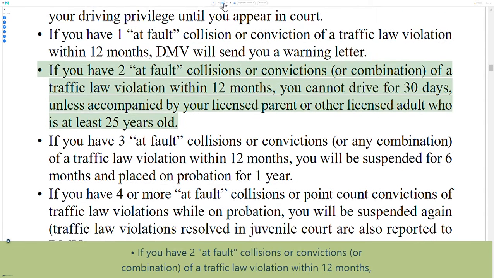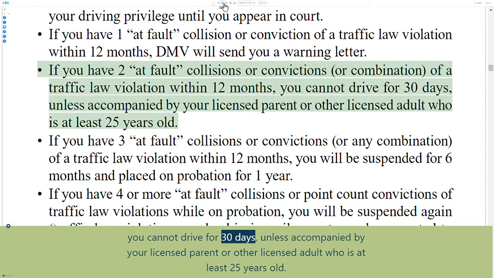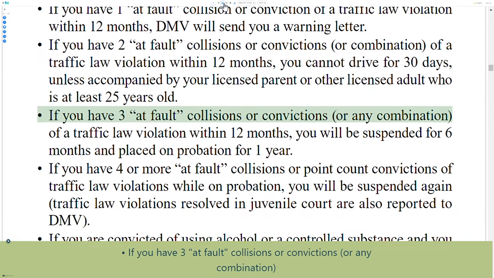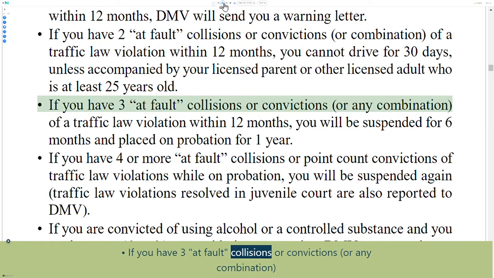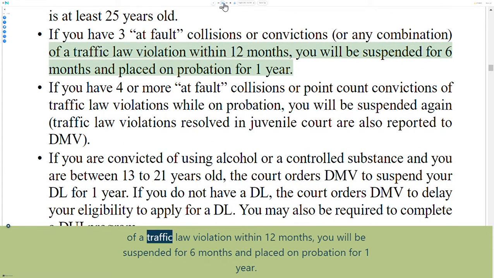If you have 2 at-fault collisions or convictions, or combination, of a traffic law violation within 12 months, you cannot drive for 30 days, unless accompanied by your licensed parent or other licensed adult who is at least 25 years old. If you have 3 at-fault collisions or convictions, or any combination of a traffic law violation within 12 months, you will be suspended for 6 months and placed on probation for 1 year.